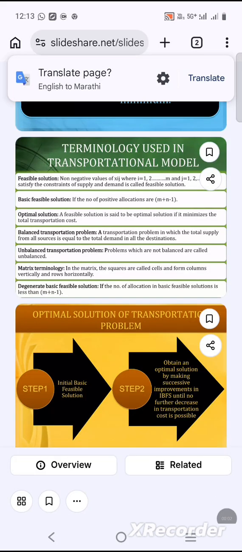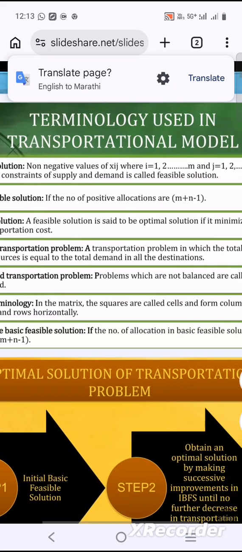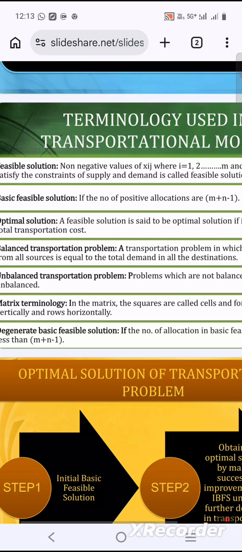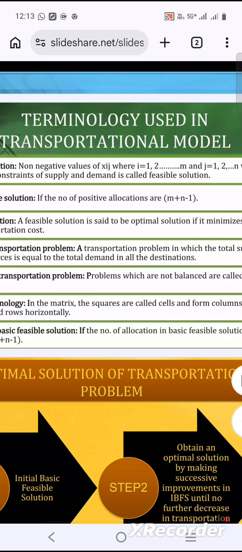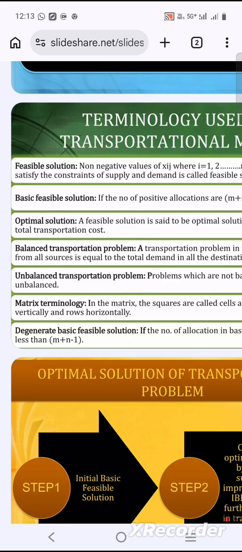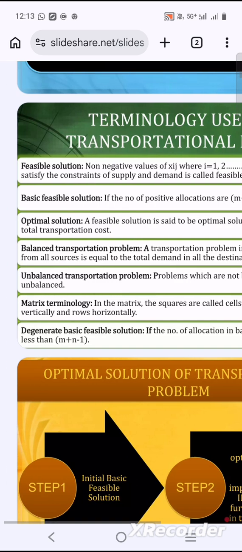We have learned the terminology used in the transportation model. A feasible solution is a non-negative value of Xij, where i equals 1 to m and j equals 1 to n, which satisfies the constraints of supply and demand.